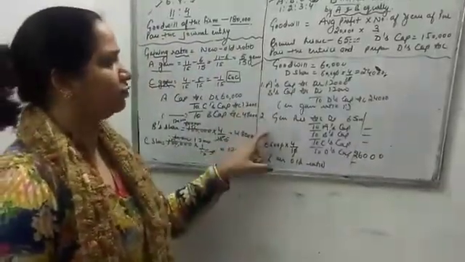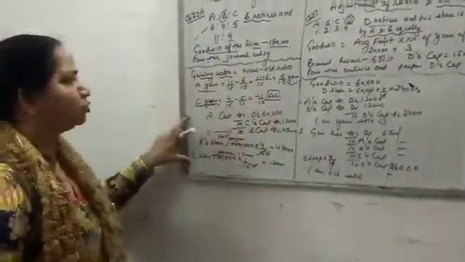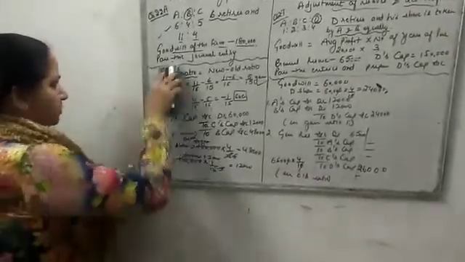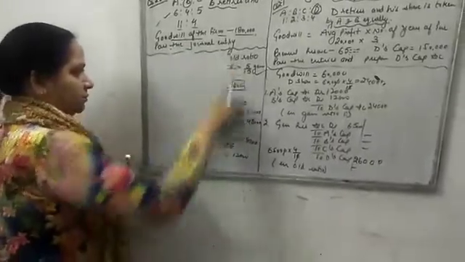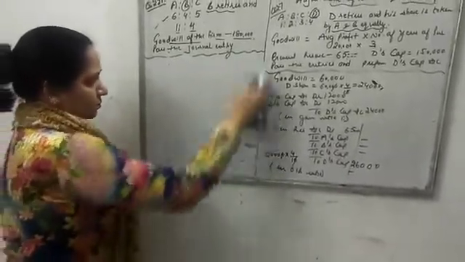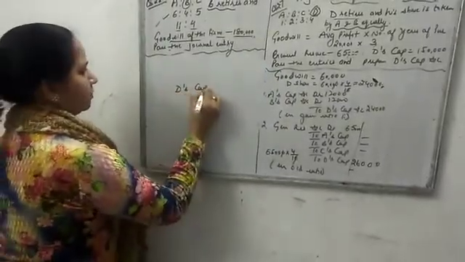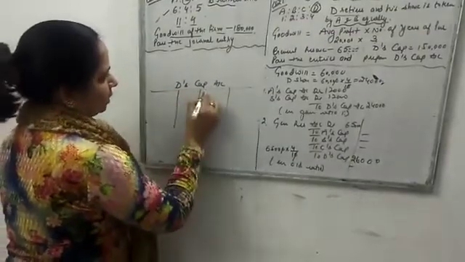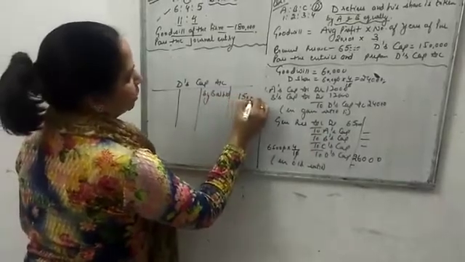After that, we have to make D's capital account. Now, how to make D's capital account? Here I am going to rub these figures also. Firstly, the capital is to be written by balance brought down. The capital is 1,50,000.